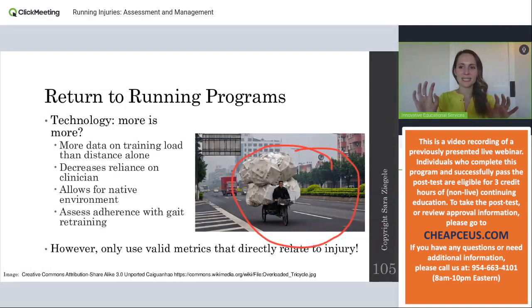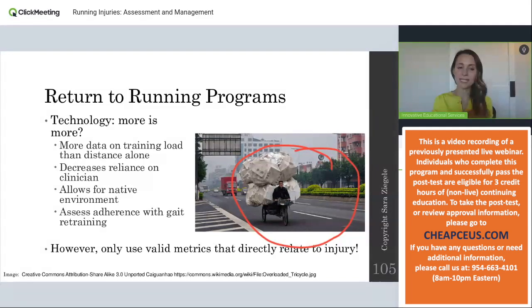So I think there's like a two-sided coin when it comes to running technology and wearables. The plus side, we get more data. The data is on things other than just distance, right? We used to just track mileage and that was all we knew. Now we get things on training load that maybe we didn't know before.